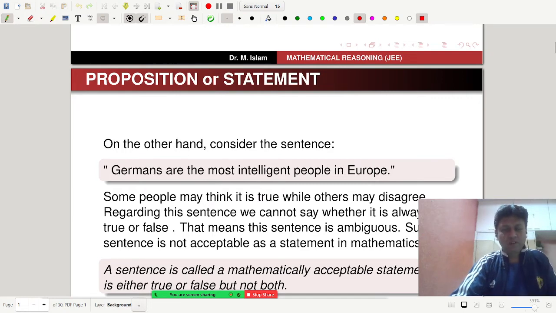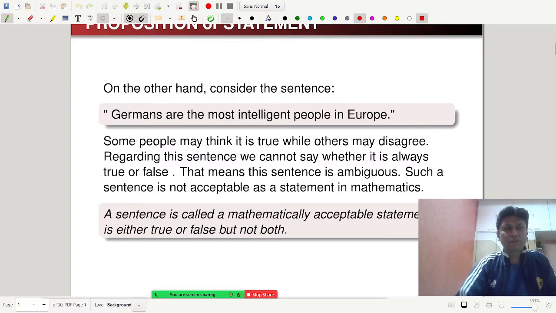Another example I want to give you. Consider the sentence, Germans are the most intelligent people in Europe. Some people may think it is true, while others may disagree. Regarding this sentence, we cannot say whether it is always true or false. That means this sentence is ambiguous.